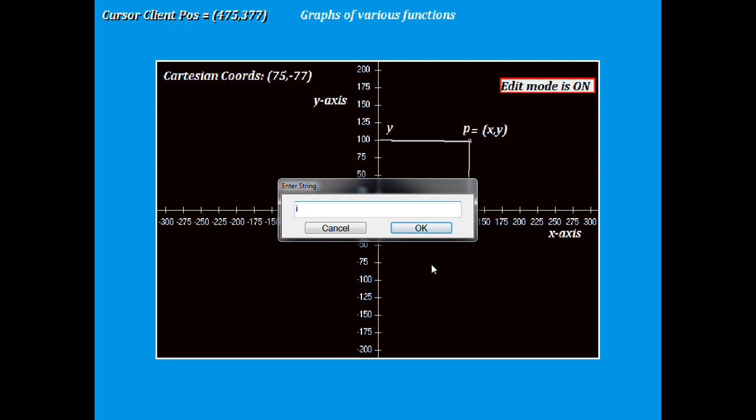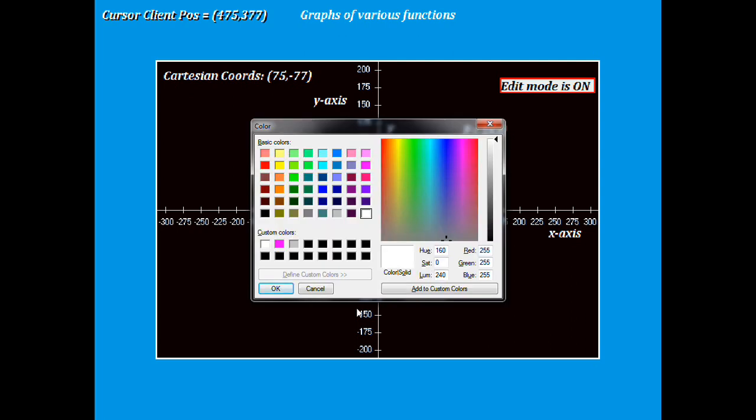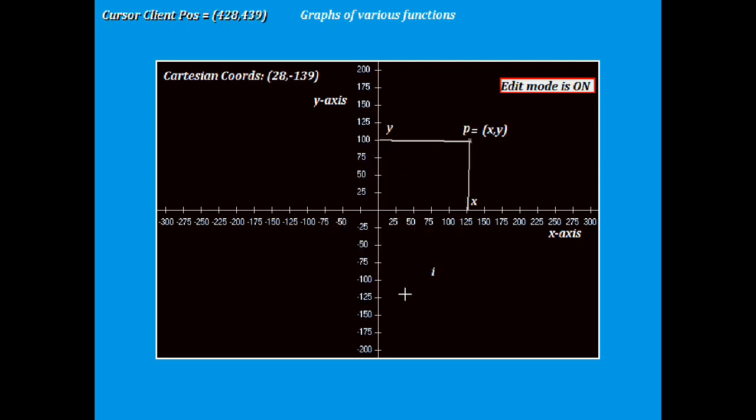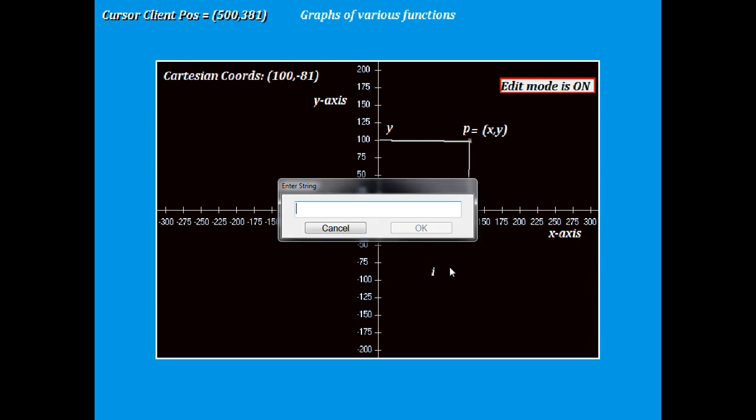But anyway, imagine it's this I with a little hat on top, okay? It's a vector, and it's parallel to the x-axis.